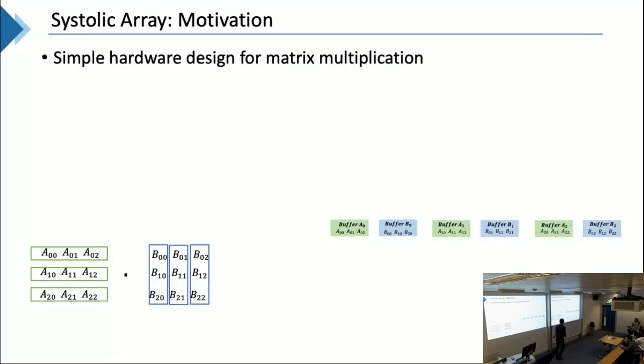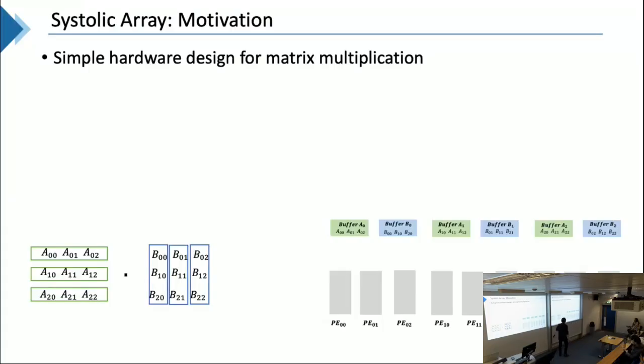In this dot product manner, you have one row from A and one column from B. So you use different buffers to cache different rows and columns from matrix A and matrix B. And to perform the right computation, let's say you have a 1D vector of processing engines, which perform the multiply and accumulate operation.